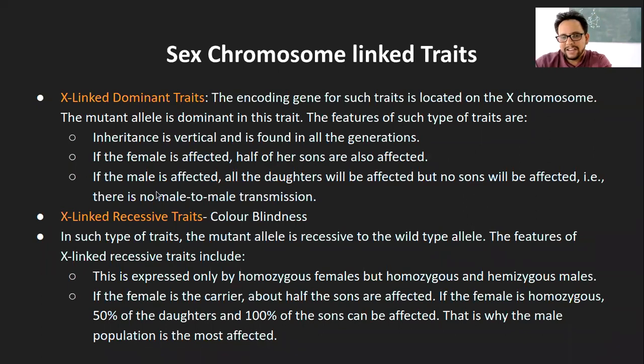Because it is X-linked, and the female in this case is having normal XX and the male is having XAY. So XA will go to the daughters, and the possibility of male to male transmission is almost zero. I hope this is clear. Otherwise, I can draw this on the board as well and quickly show it to you.